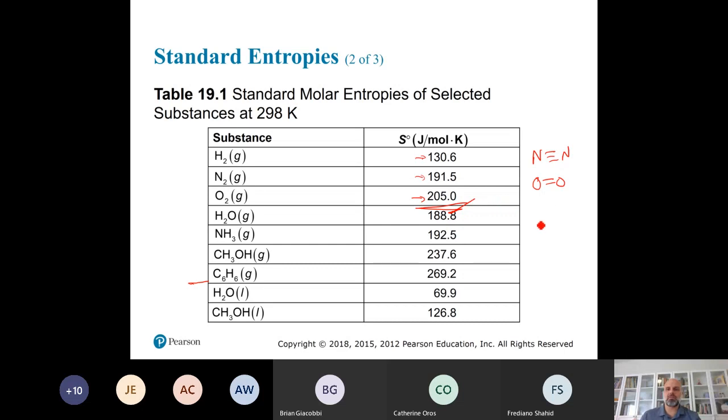We have water, where we now have 2 bonds, because we have 3 different atoms, but we have smaller hydrogen atoms. Hydrogen atoms are small. Our molar mass of oxygen is 32 versus a molar mass of 18 for water.